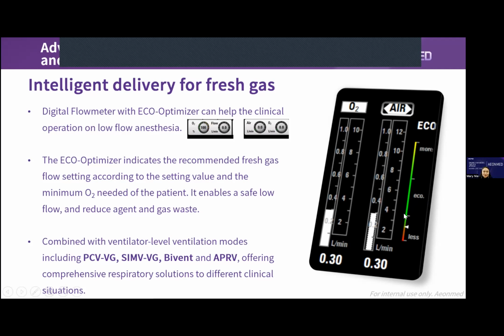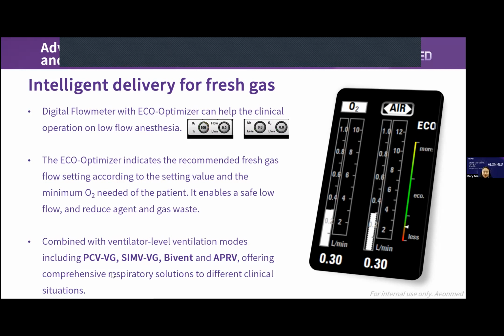After the surgery, my patients will complain to me that they don't feel very comfortable, because I saw that in some other countries, they turned the total gas flow to 6 or 7 liters per minute. So what? That's too much for my patients.